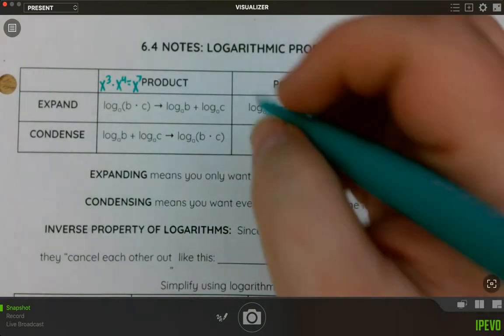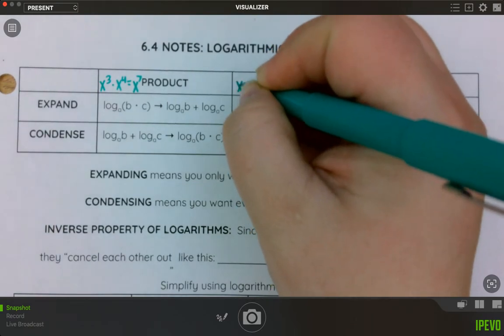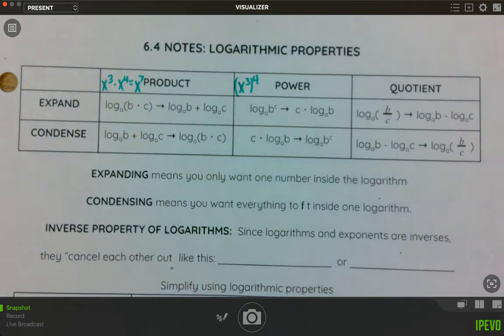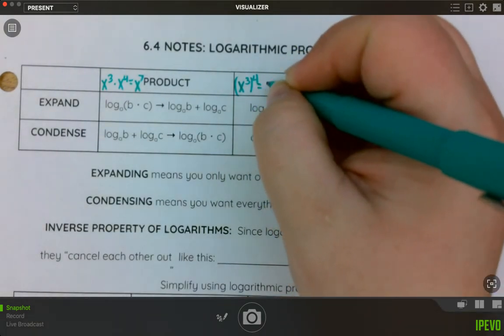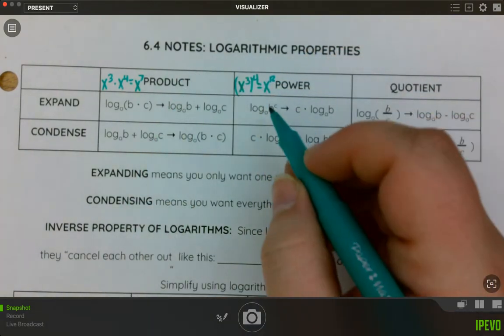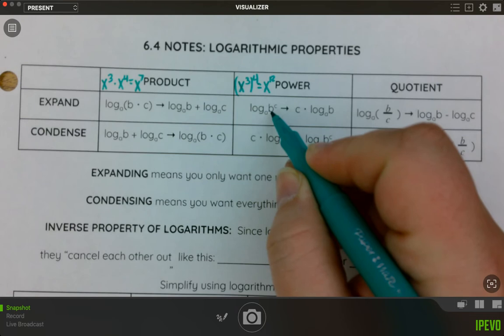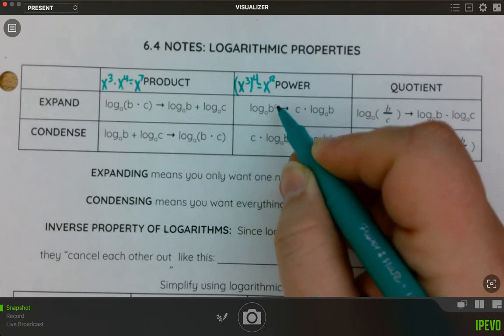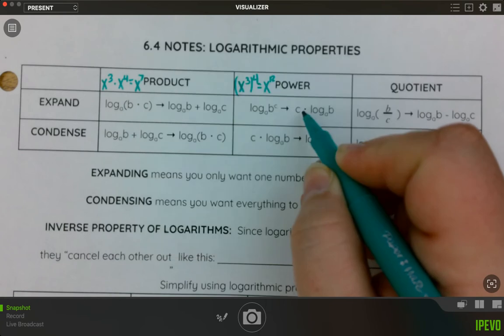Then there's the power rule. If you had something like x to the third power to the fourth power, you would multiply those exponents together. So what ends up happening, and this one can be a little tricky because it looks kind of like this one, if you have something to a power inside of a logarithm, that power can just go out front.